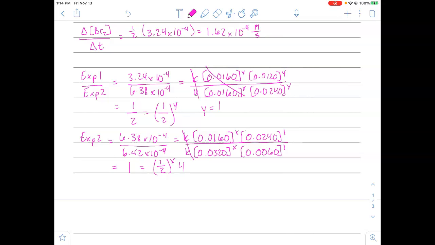Solving for X, divide both sides by 4, we end up with 1/4 equals 1/2 raised to the X, therefore X equals 2. So this is second order with respect to NO.